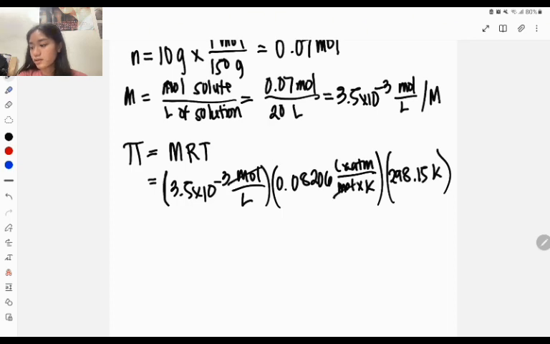Scratch out the mole, the liter, and the Kelvin, and it becomes 0.09 atmospheric pressure, or our osmotic pressure is 0.09.